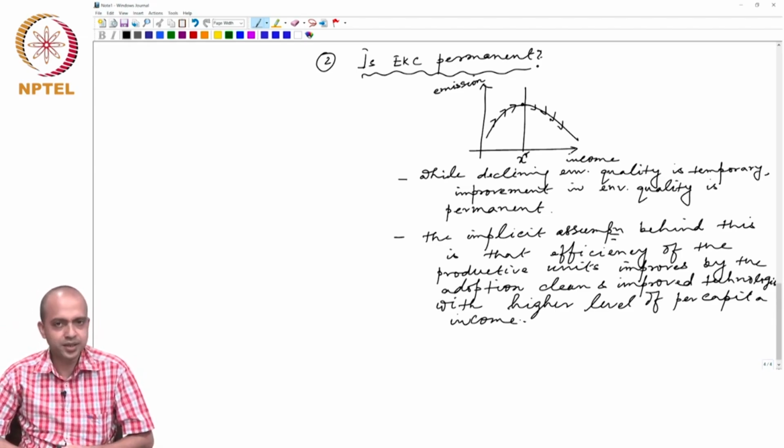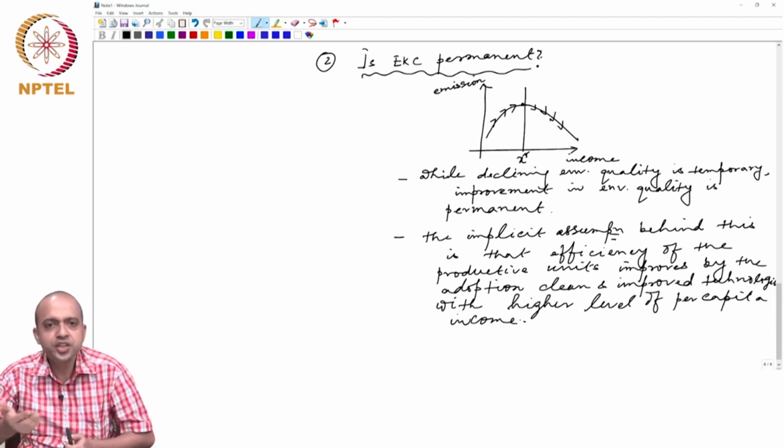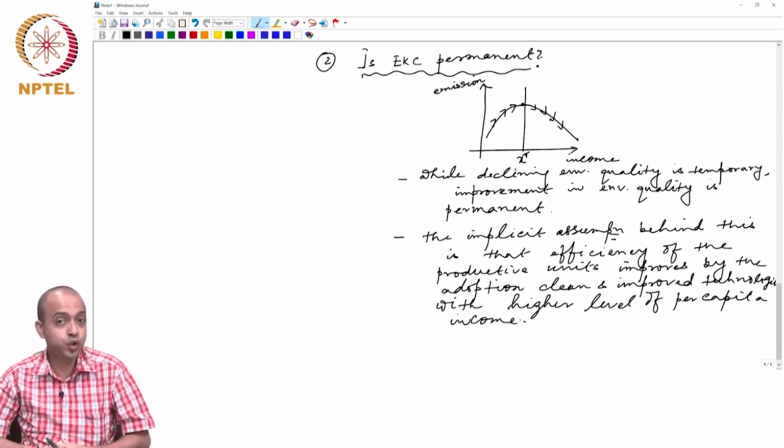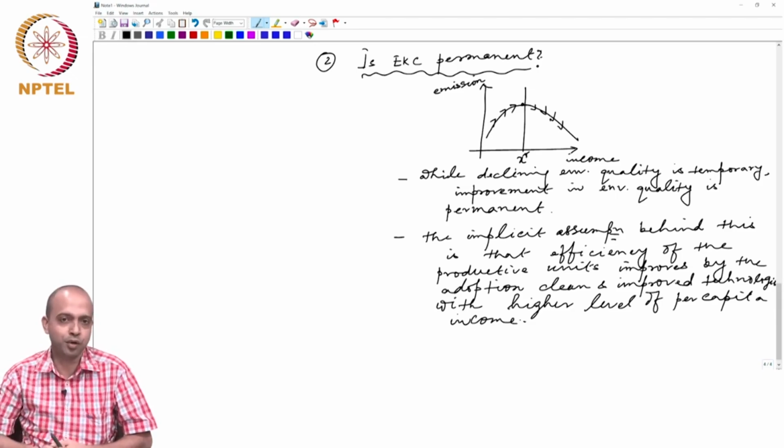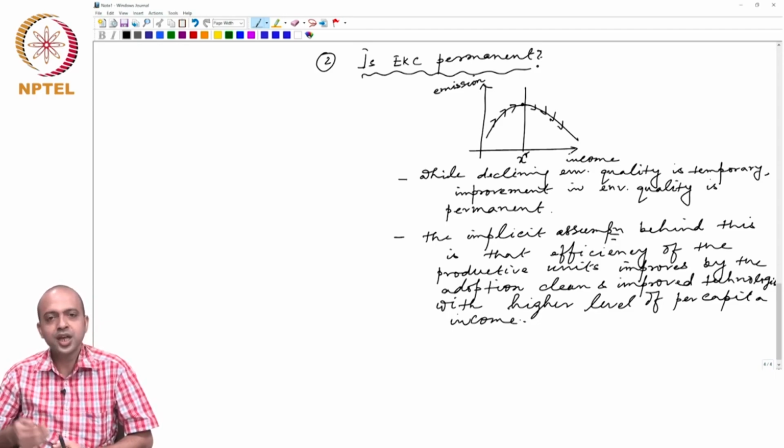But in reality, it may so happen that the structural change in the production process is actually not feasible for all types of pollutants. Rather, it may happen only for a limited number of pollutants. And for other pollutants, what do the economies do? Economies may go for only end of pipe treatment. Okay? End of pipe treatment.